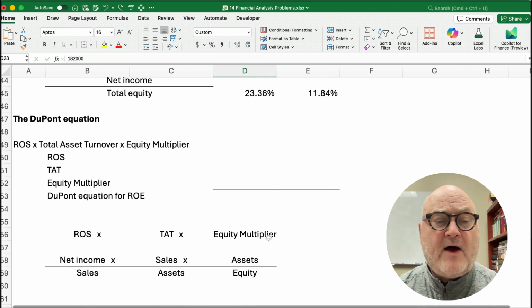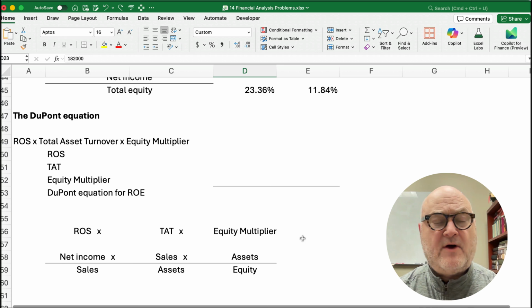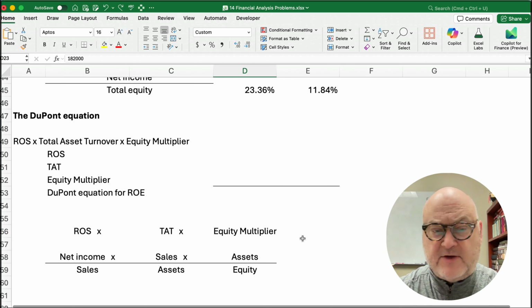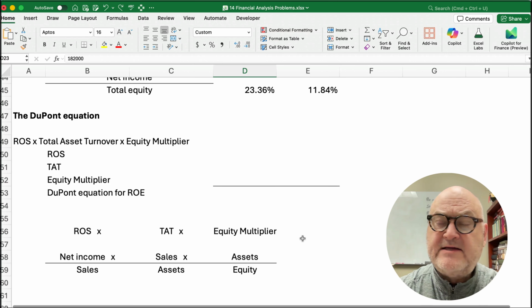Now, we also have, and I'll do a full video on the DuPont equation, but let me show you where it is right now because it ties into ROE. Now, the DuPont equation, people at DuPont 100 years ago in the 1920s, I think, maybe even earlier than that, they figured out, hey, wait a minute, we can break down and figure out this ROE by taking return on sales times the total asset turnover times the equity multiplier, and we can figure out a different way to think about the return on equity.